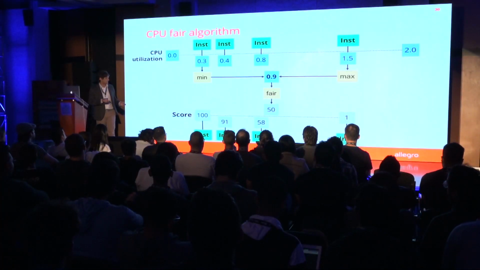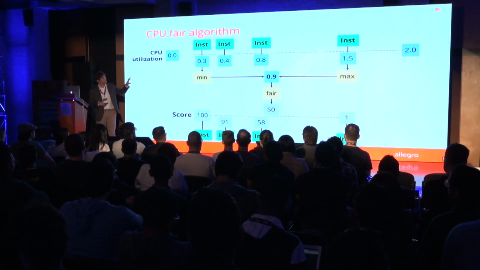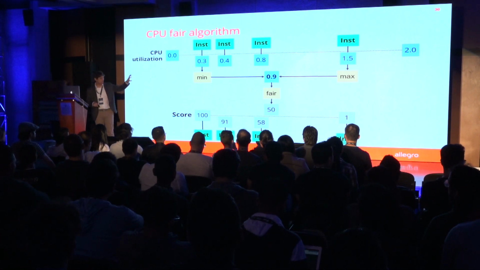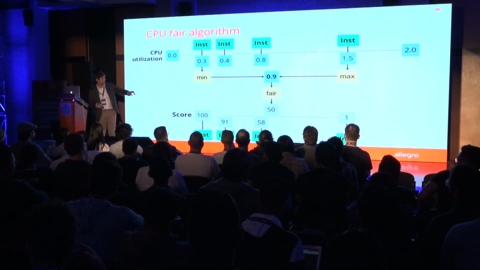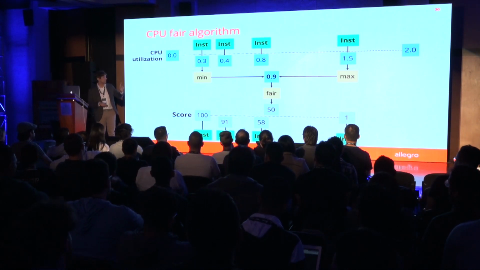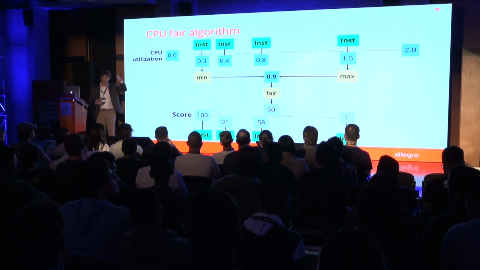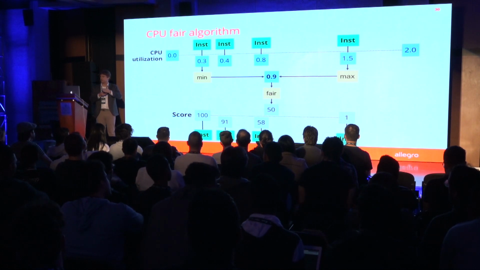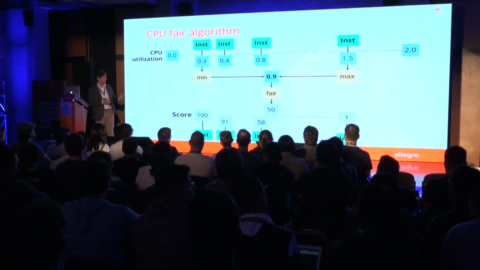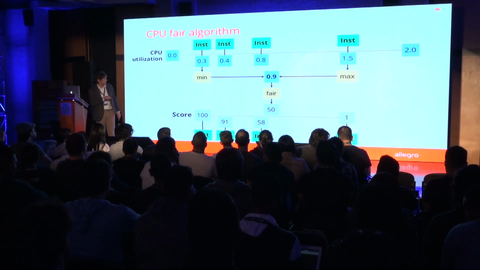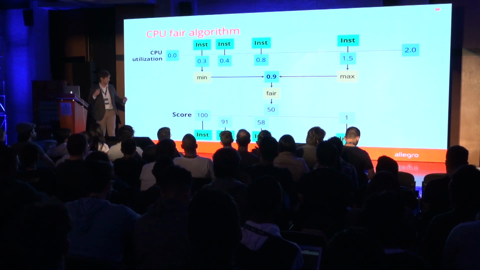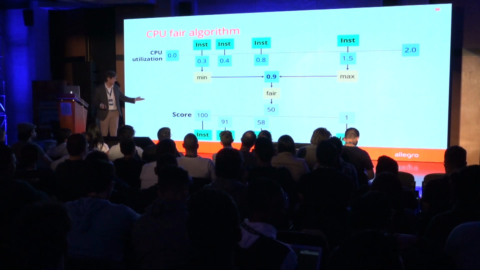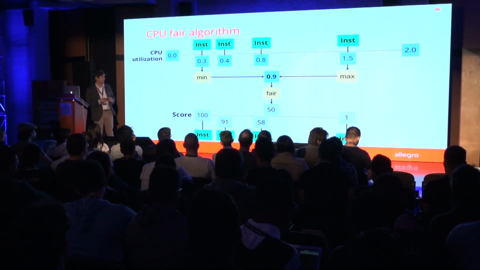And we match that fair value of the CPU utilization to the middle of that score or weight scale. That means if some instance has exactly this CPU utilization, it gets to the middle of the score scale. If it has another CPU usage, it gets to a different place on the score scale. And this is how the CPU fair algorithm works.